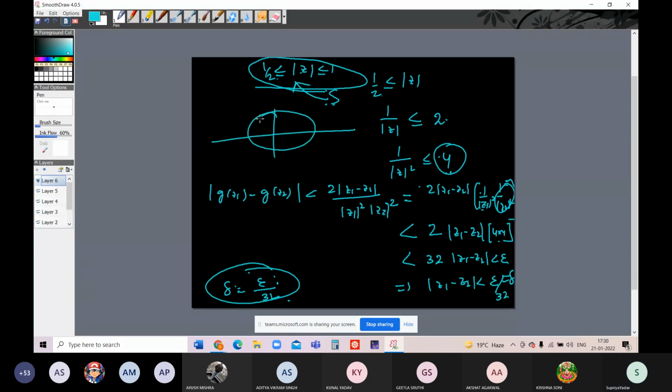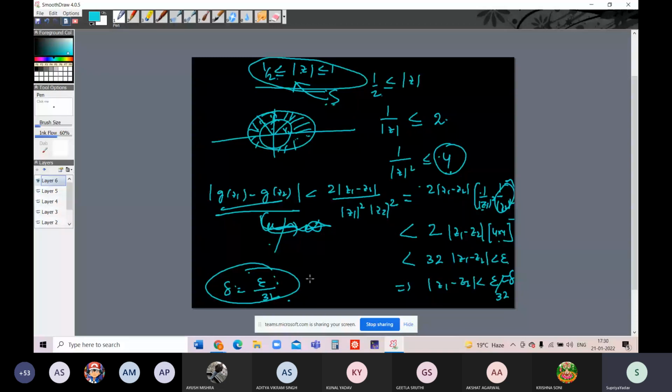This is a concentric circle of radius 1/2 and this is the circle of radius 1. इसके बीच की distance है, हमारा z यहाँ है. तो now in that case कोई भी z1, z2 you will choose, तो ये जो हमारे पास difference आ रहा है, this difference is never tending to infinity. Okay, so in this case we will get a delta which is depending only on this epsilon. So function is now uniformly continuous.